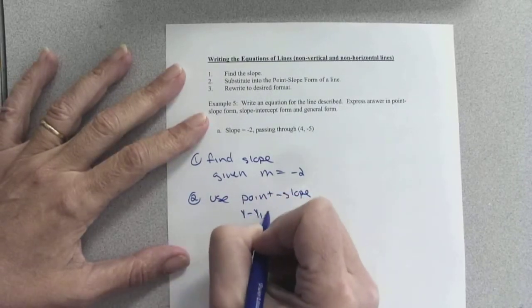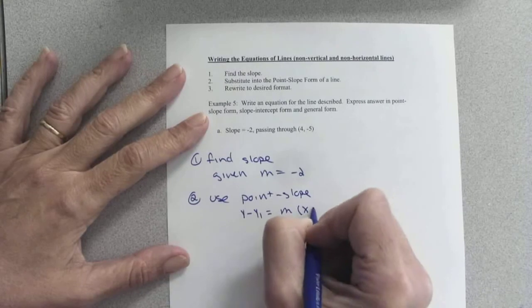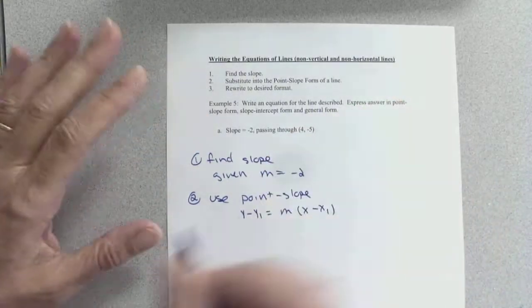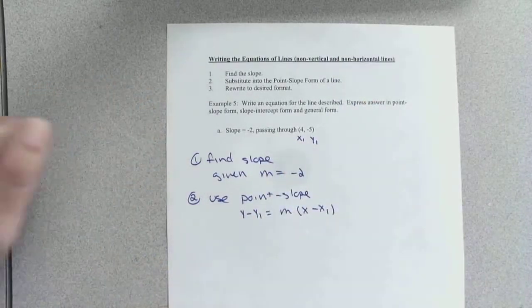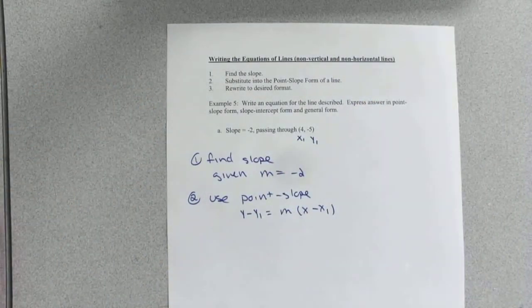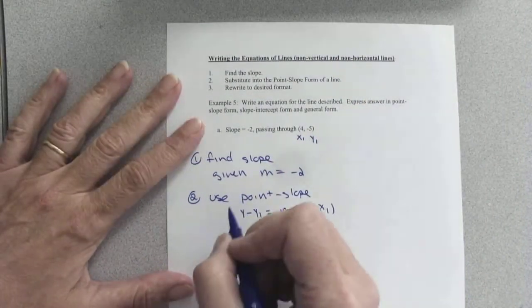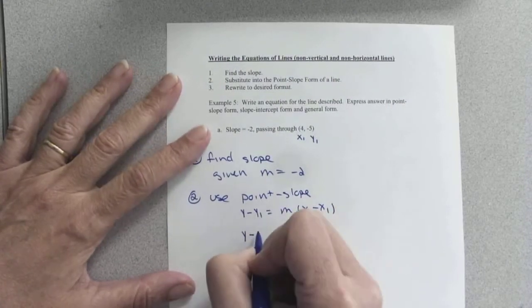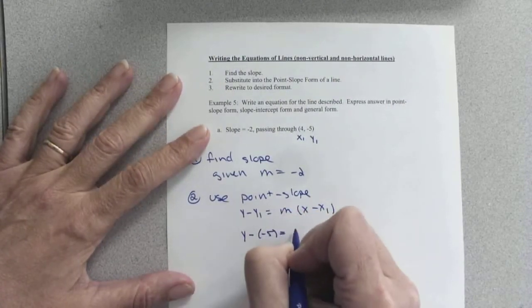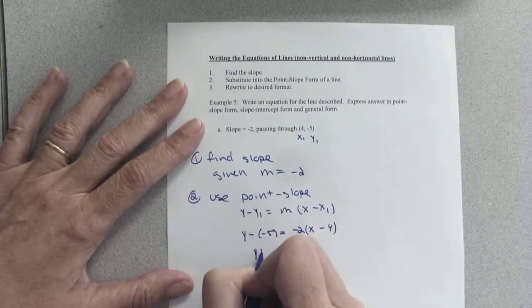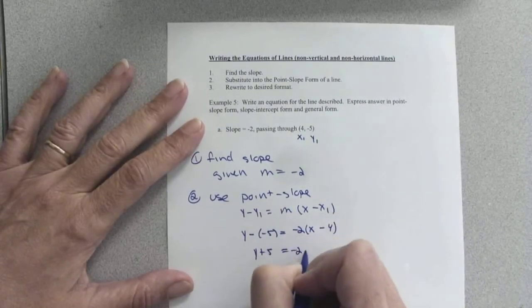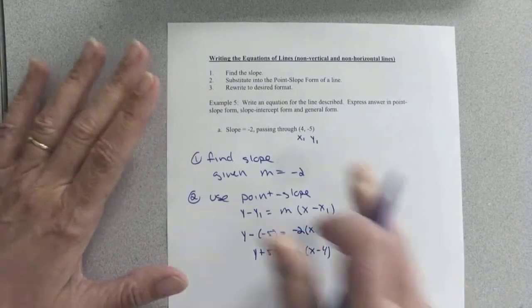And so y minus y1 equals m times x minus x1, because you know all the pieces here. The point is giving you the value of x1, y1. So point slope form of a line, y minus -5 equals -2 times x minus 4, or that's y plus 5 equals -2 times x minus 4.